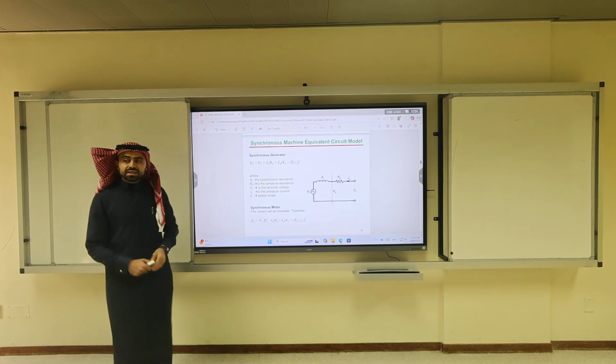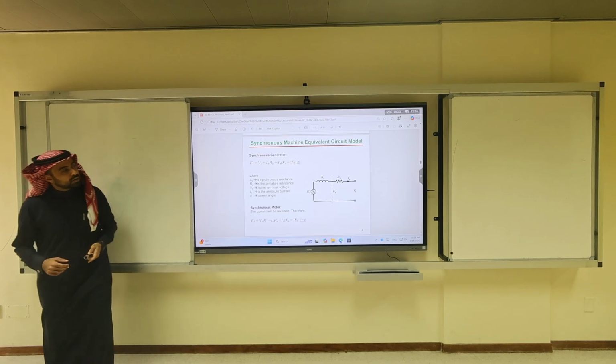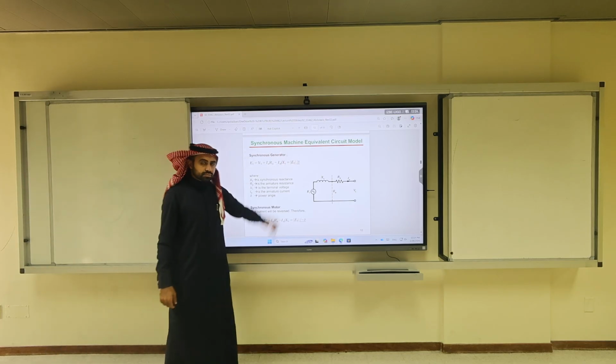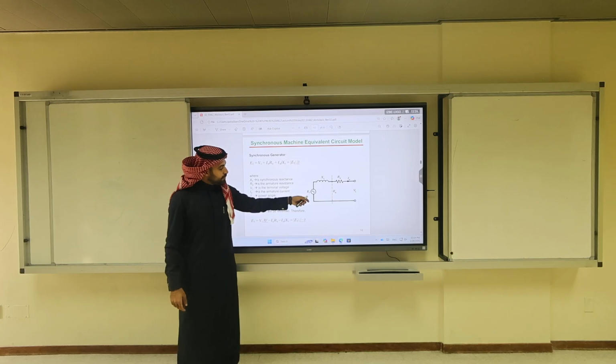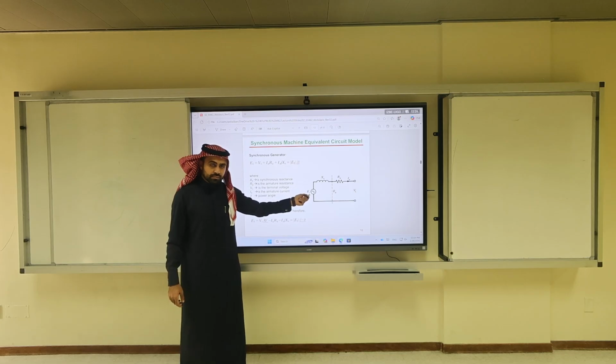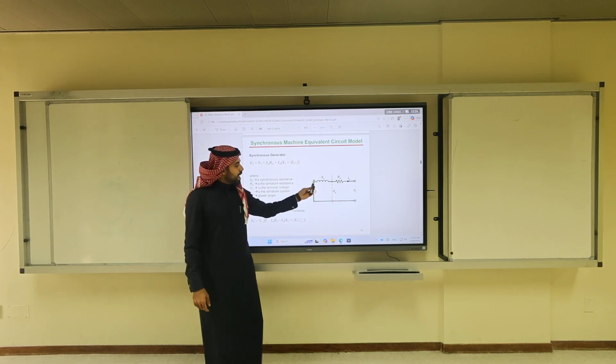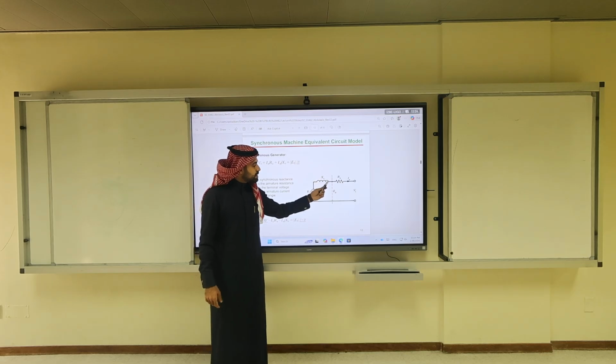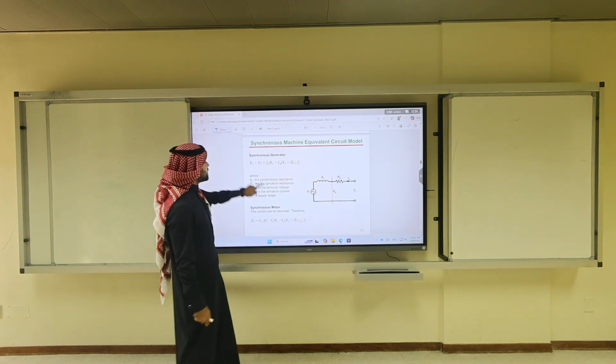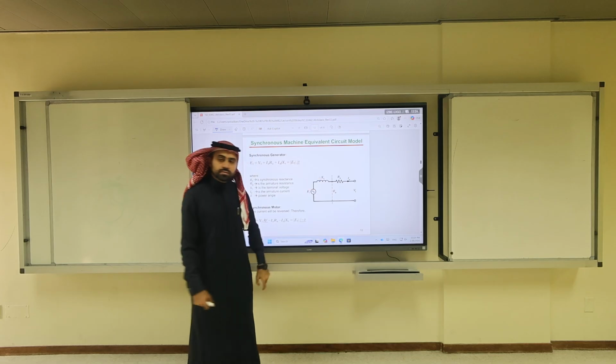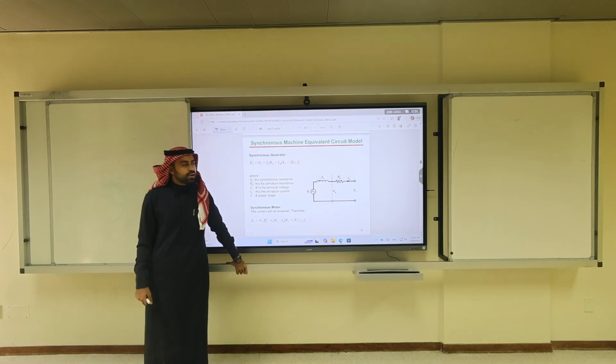You remember the equivalent circuit of a synchronous machine? Yes, we have E_F, which is the field excitation voltage. Then we have the synchronous reactance, X_S. Usually when you do circuit analysis, don't forget to add j. Don't forget to add j.